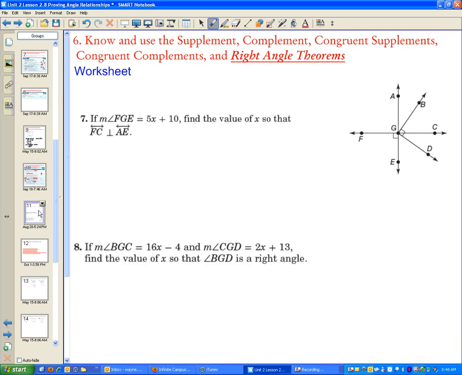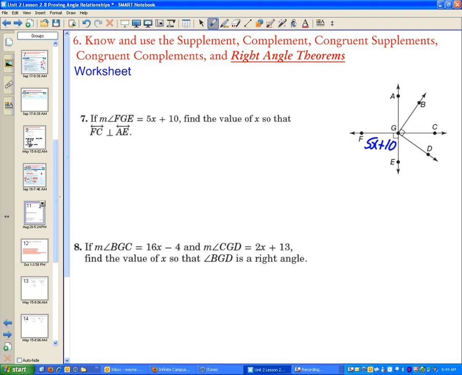All right. I took these off of a worksheet. Let's just refresh our memories. If we do number 7 here, y'all help me figure it out, and you won't have to write it down. If the measure of angle FGE equals 5x plus 10, find the value of x so that line FC is perpendicular to line AE.